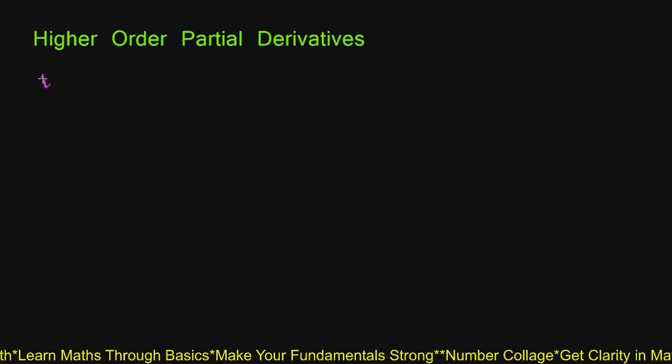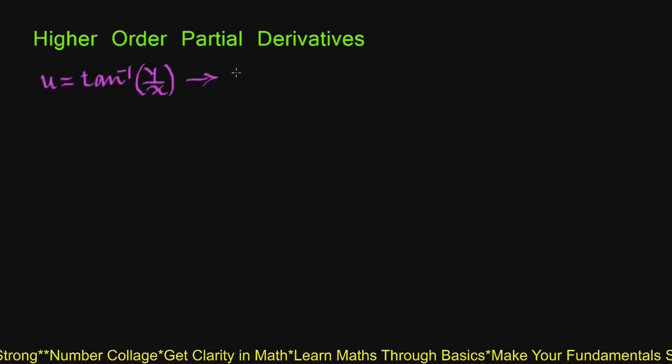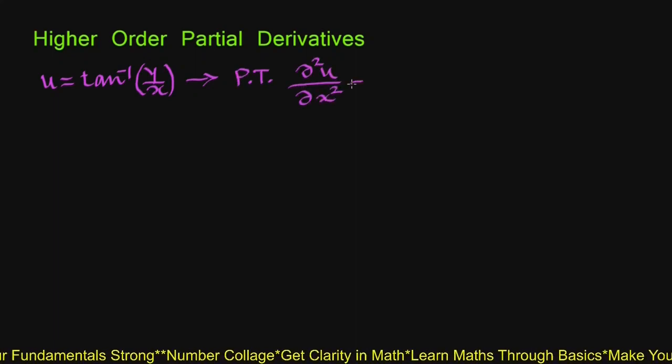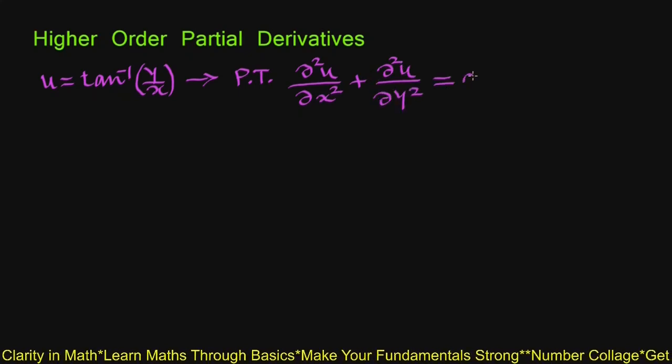If u equals tan inverse y/x, we have to prove that ∂²u/∂x² plus ∂²u/∂y² equals 0.